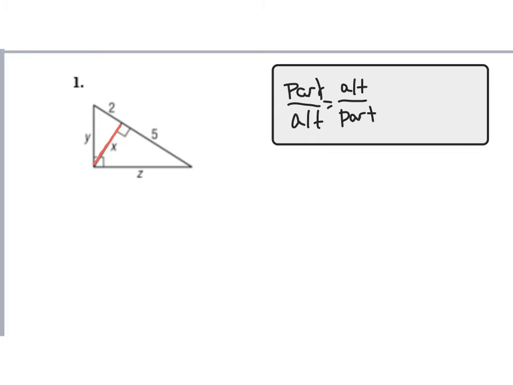So my altitude x is the geometric mean between the parts of the hypotenuse, 2 and 5. Cross multiply, x squared equals 10. Square root both sides. And x equals 3.162.